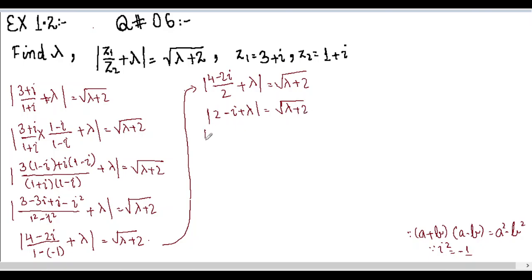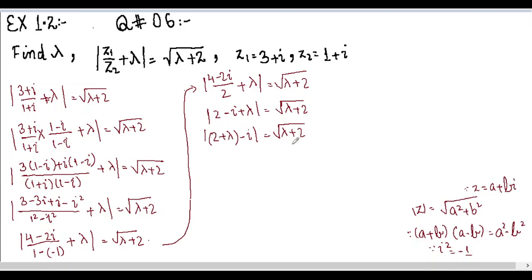So now we are going to separate the real and imaginary parts. 2 plus lambda is the real part, minus iota is the imaginary part, equals square root of lambda plus 2. Now this symbol means to find the magnitude, and we know that magnitude equals square root of a square plus b square when z equals a plus b iota.